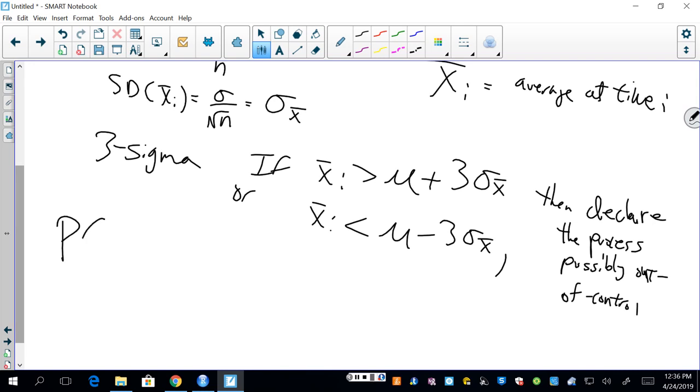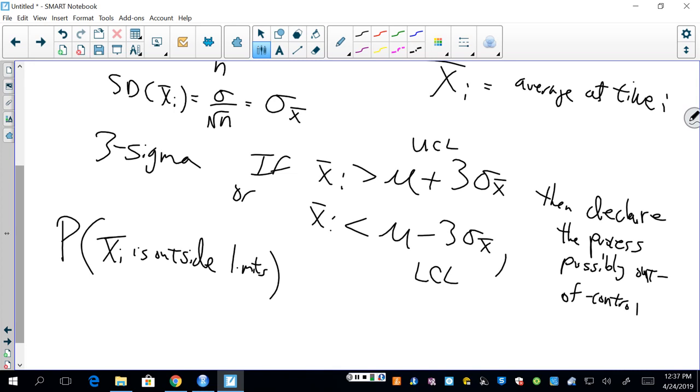Right? The probability that the x bar i would be outside the limits, if we knew mu and sigma, this would be the upper control limit, and this one would be the lower control limit.